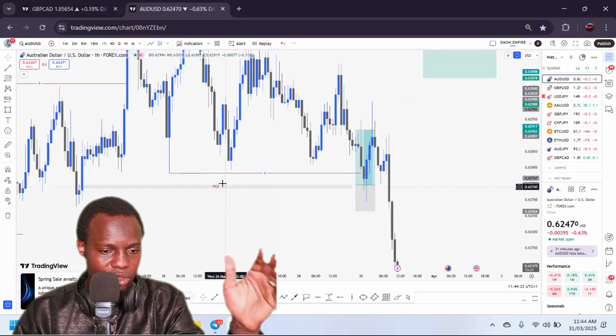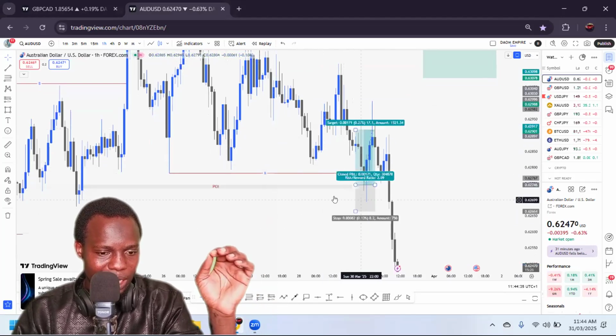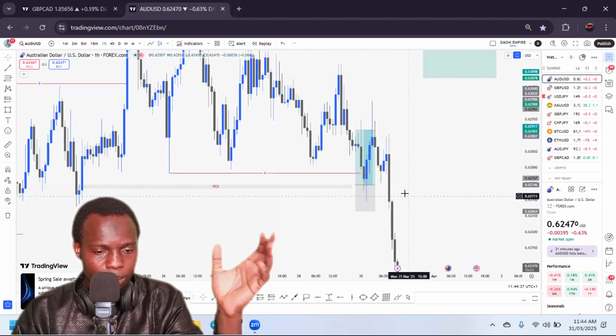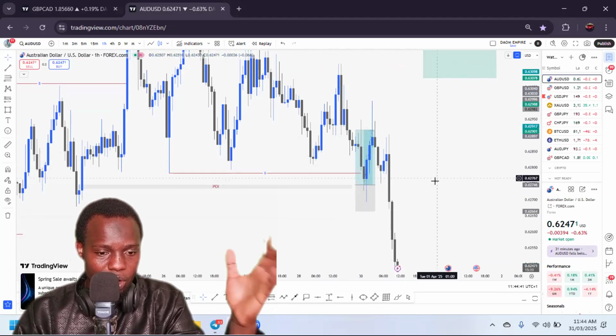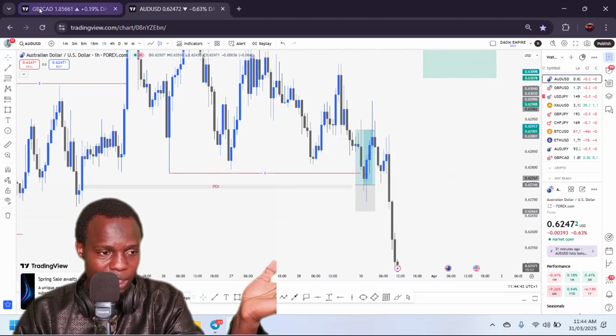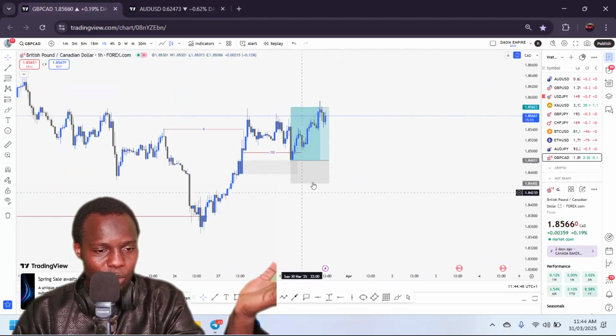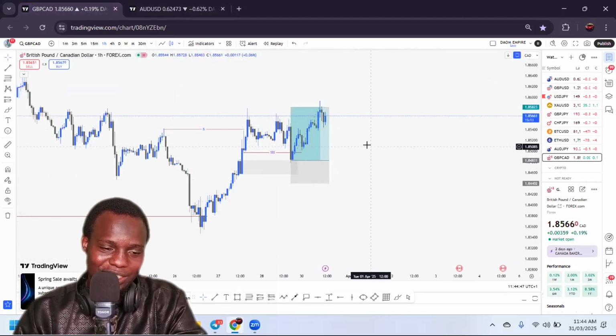I said when the trade comes here, I'll look for confirmation before I join. But guess what? The trade activated in the middle of the night, and before I woke up this morning, it had already smashed TP.